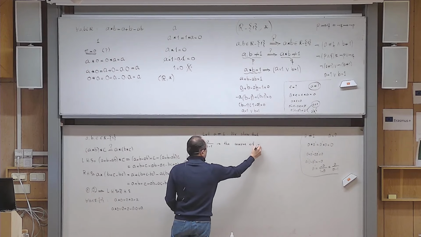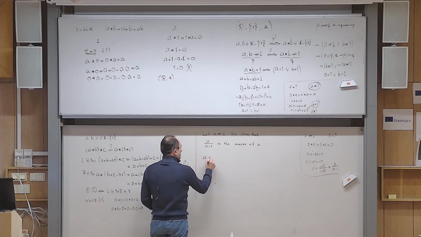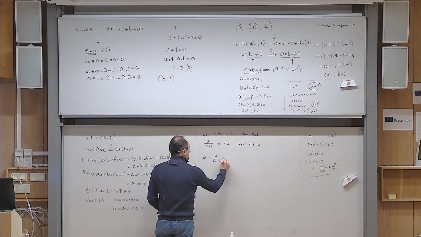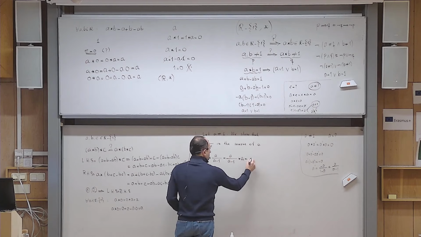Okay, and then you know what to do: we have to check that A star A over A minus 1 is equal to A over A minus 1 star A, and this is equal to the identity element 0.